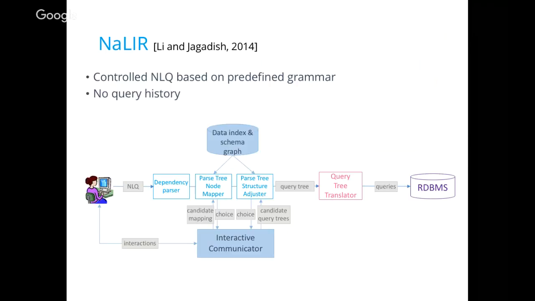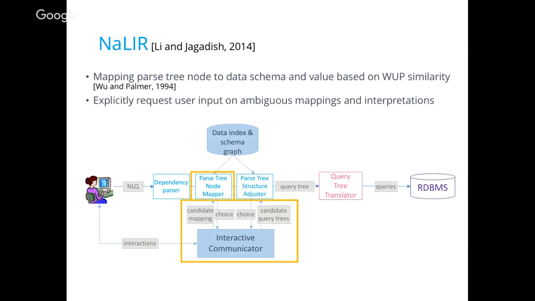Remember in PRECISE, there's also some way to fix the parsing error. The same thing in this system. And in this system, they're also very actively asking for feedback from the user. So both at the mapping time as well as at the parser adjusting time, it will generate some message and ask for user feedback.